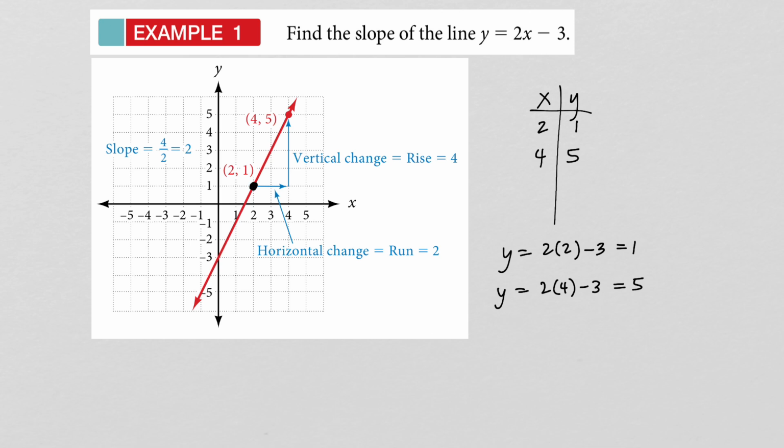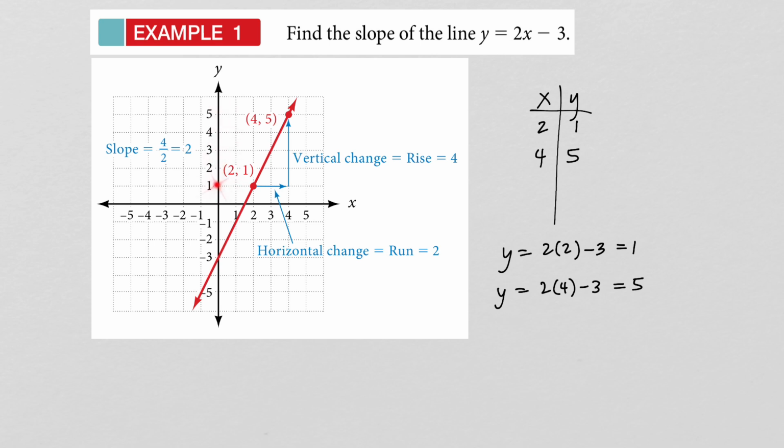Here's the point 2, 1. Here is the point 4, 5. And the line going through those 2 points is here. So if we remember, the slope is the rise over the run. All we need to do here is count the vertical change. So when we move from this point up to this point, the vertical change on the y-axis here is from 1 to 5.